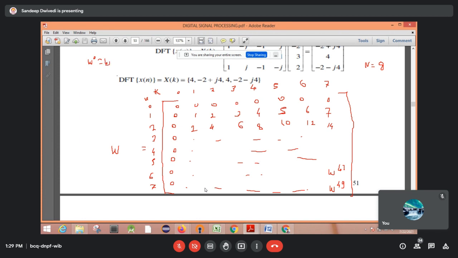You will get the same value, w raised to power 0, then w raised to power 8, then w raised to power 16 if it is there, so that will also be the same value, and w raised to power 0 has one value. So all these, periodic 0, 8, 16. Why 8, why in the difference of 8? Because it is an 8-point DFT.